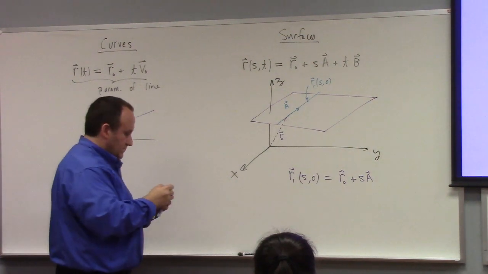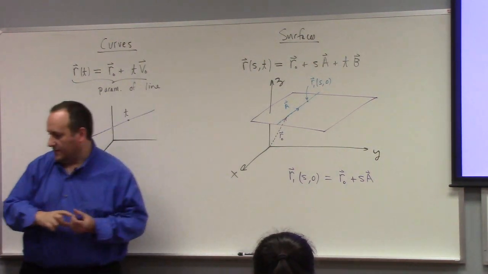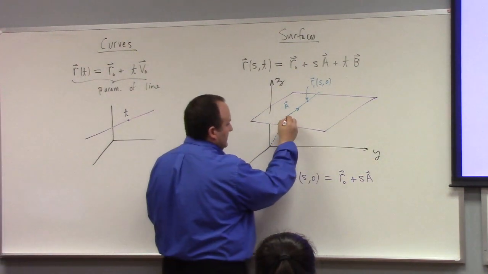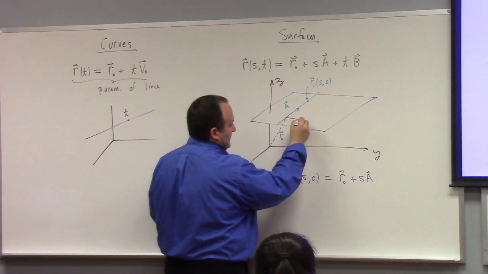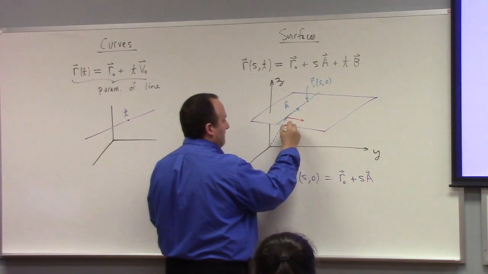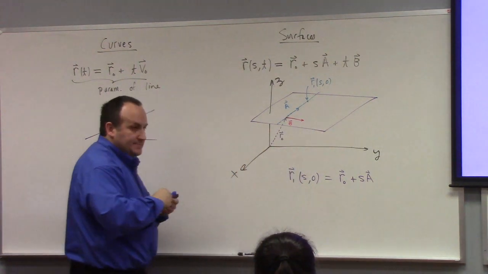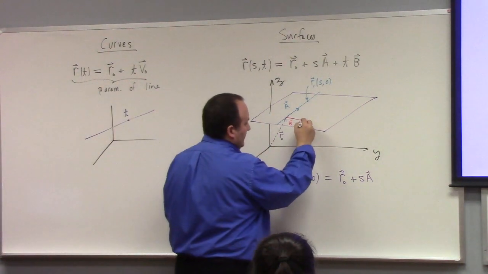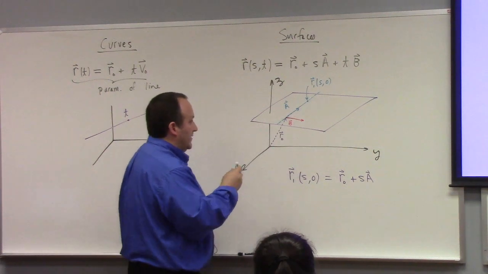Right? And then, of course, I'm imagining that there's another vector B, which is also, by the way, tangent to the plane. Maybe it's like this, right? Maybe that's B. All right? So if that's B, then this point right here would be what?